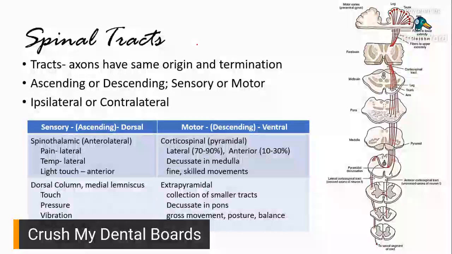In the central nervous system. Di ba? We differentiated before. Anong difference ng nerve sa tract? Anong difference ng nuclei sa ganglia? So, ito yun, tracts. Axons having the same origin and termination found in the CNS, in the central nervous system.